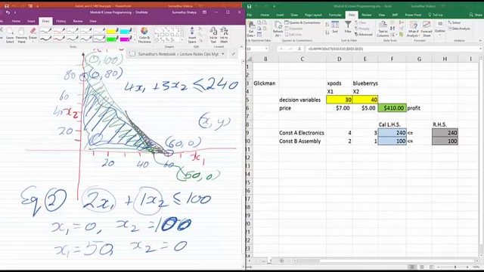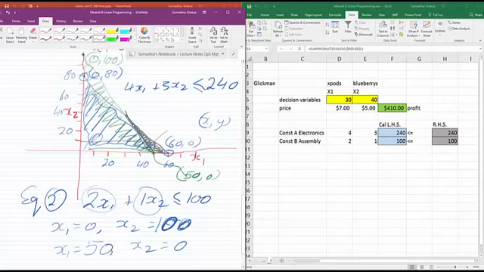If we were to take into account only the constraint for electronics, we could have been here, a certain amount of x1 and x2, but this point is not feasible because of the constraint for the assembly.